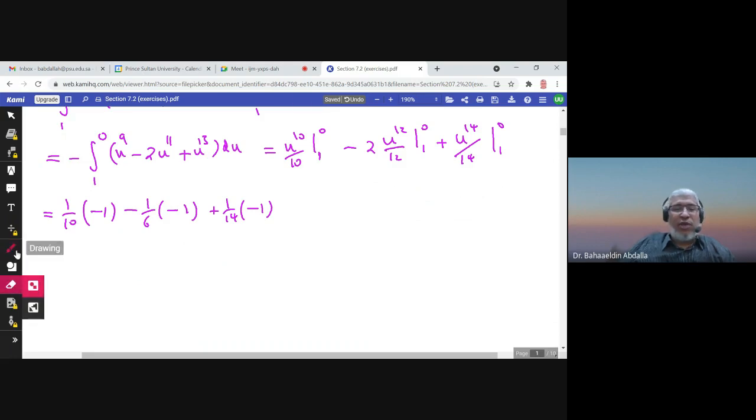So the answer would be negative 1 over 10, positive 1 over 6, negative 1 over 14, and you can find the calculator and write the answers. You can add these three fractions, and the answer is really a very small number, but anyway, let us write it.